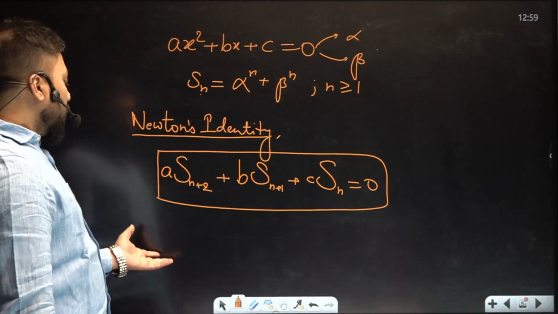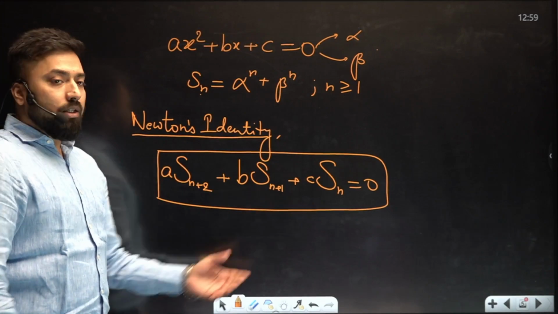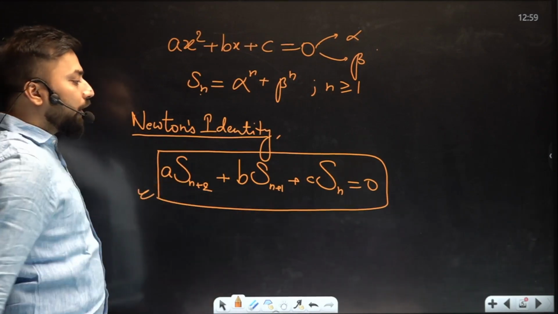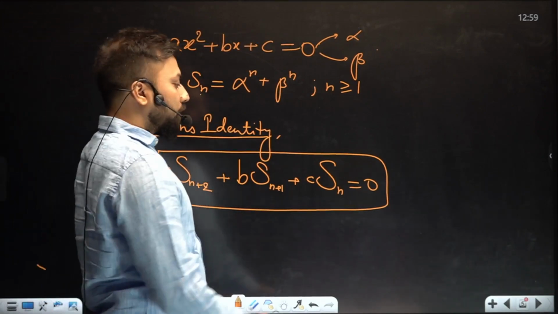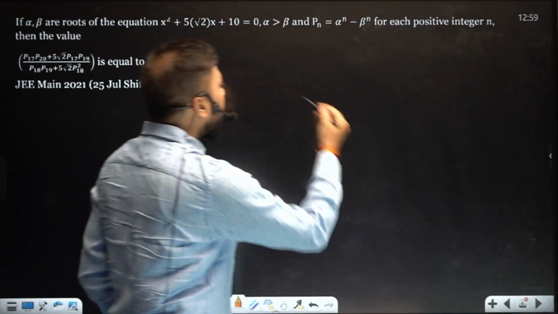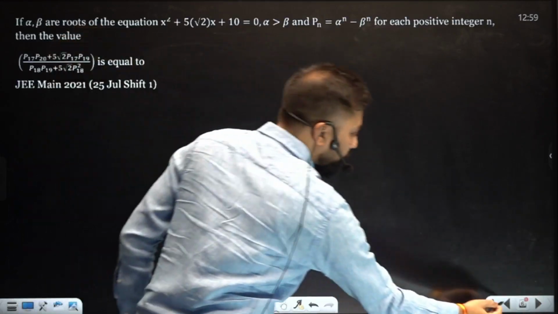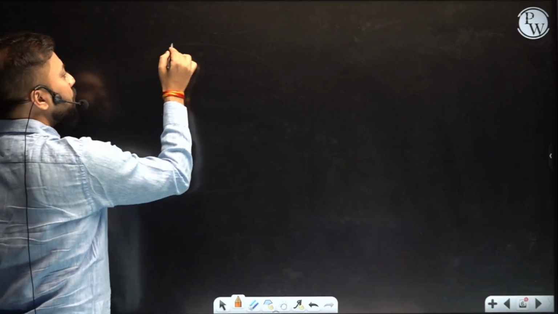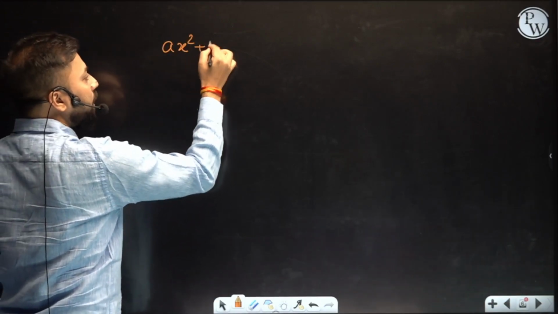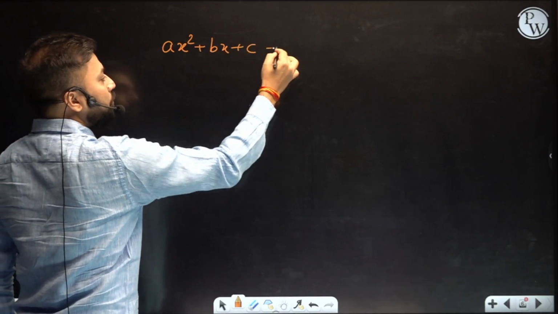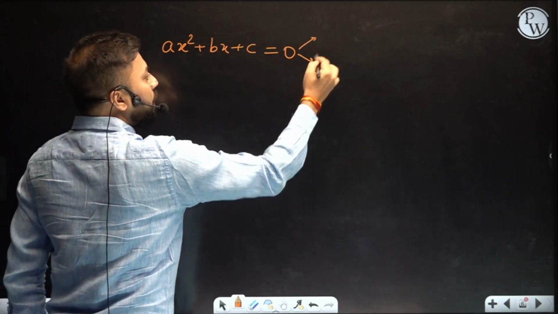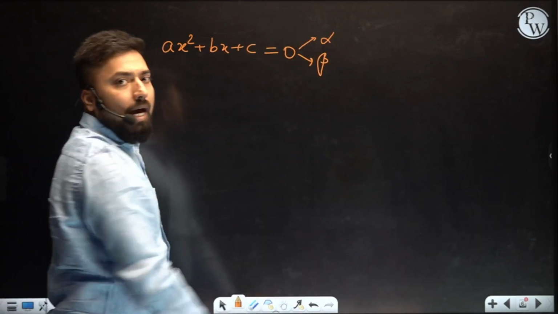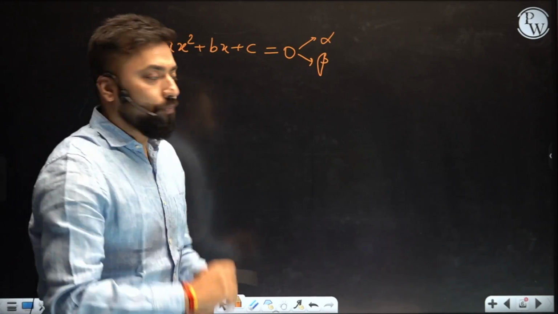Now, if we want to prove this identity, we can use this quadratic equation, ax square plus bx plus c equals 0, where the roots are alpha and beta.